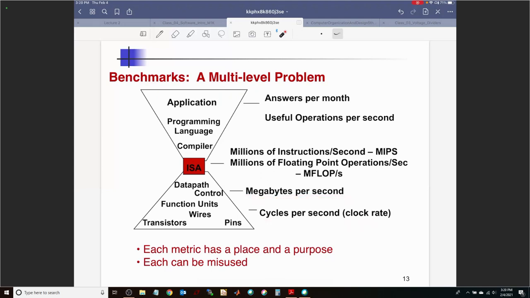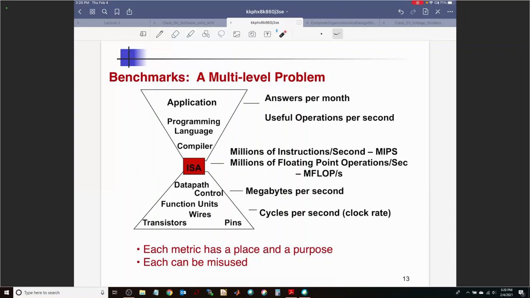So clearly, at each level, it's a different thing that you're trying to compare. Each metric has a place and a purpose, but each can be misused. You could optimize anything for a special case, but that doesn't give you the whole picture, which is why we need to use benchmarks.